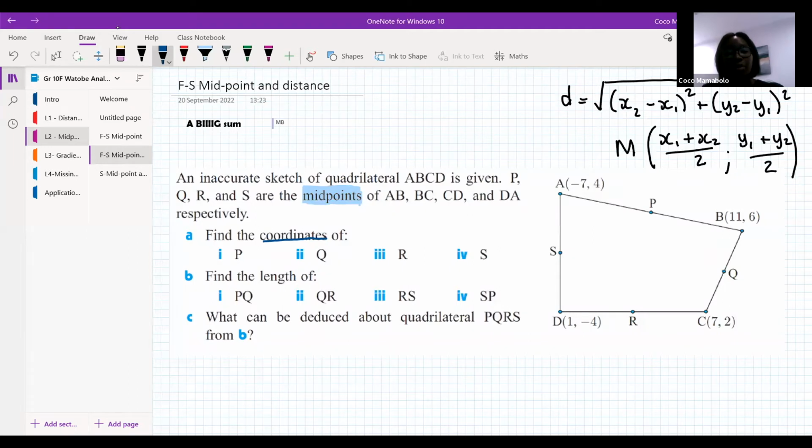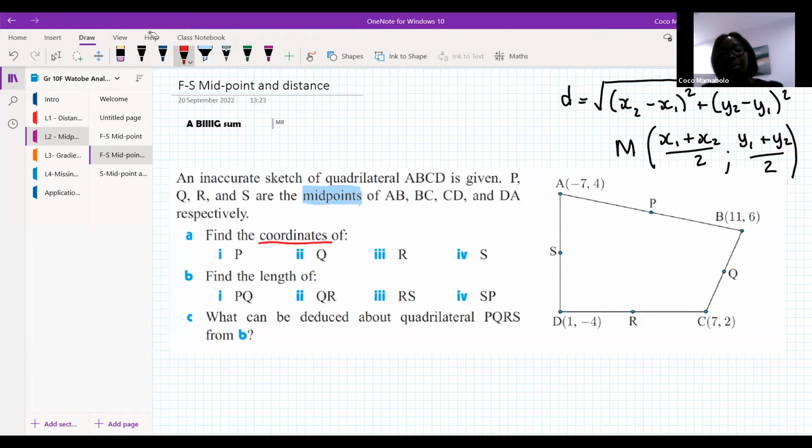Guys, tell me in the chat, which formulas are we going to use to find the coordinates of P, Q, R, and S? I feel like I just gave you guys the answer, but okay. Which formula are we going to use? Oh, Eunice, think again. Think of all the stuff that we've just learned. Good, good, guys. We're going to use the midpoint.